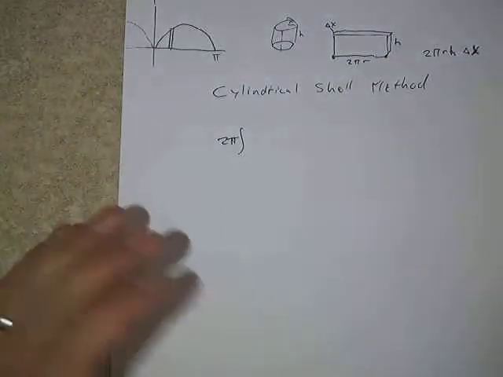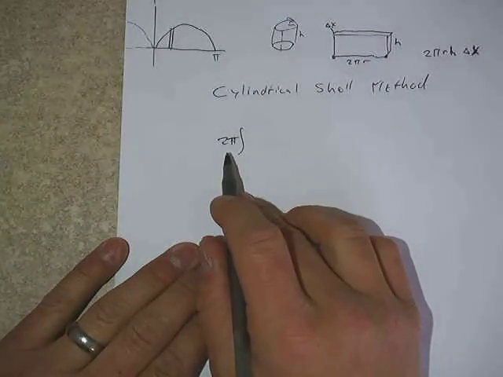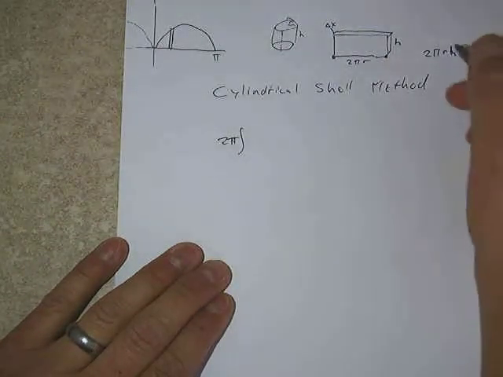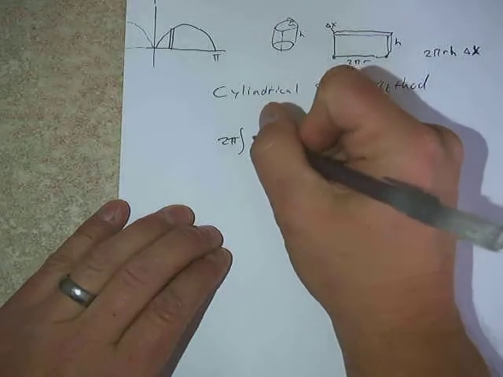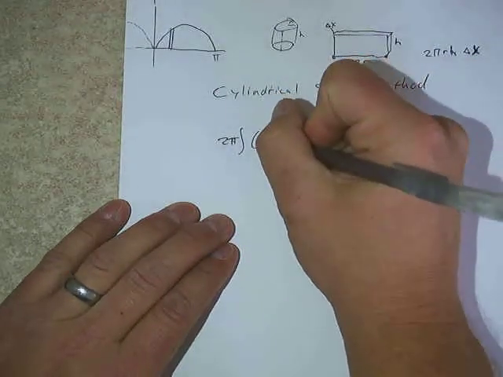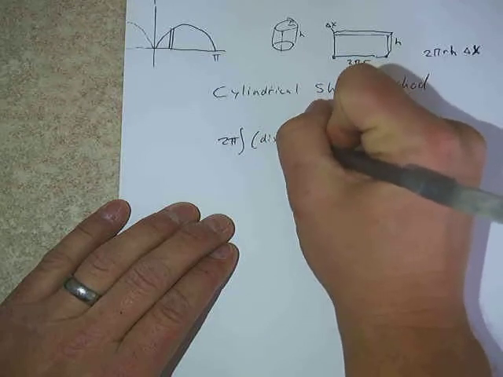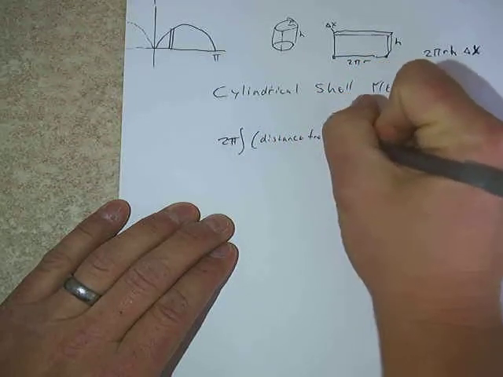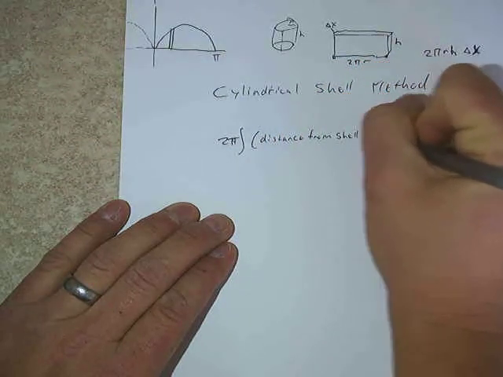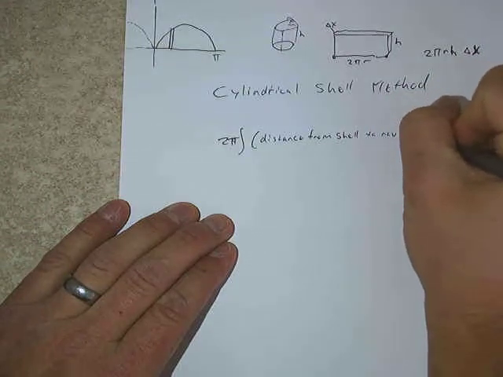I'm going to call it delta x because we're in x right now, and we're just going to call that the thickness. Keep in mind that all this can be translated to the y's also. If we have a function in y instead of x, we could do this all in terms of y instead of x as well. So instead of delta x, it could be delta y. We'll see that as we go through some of these.